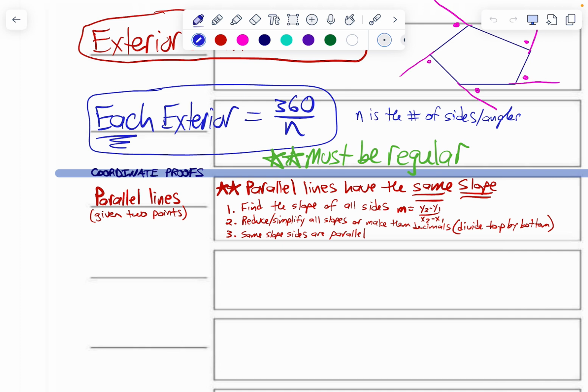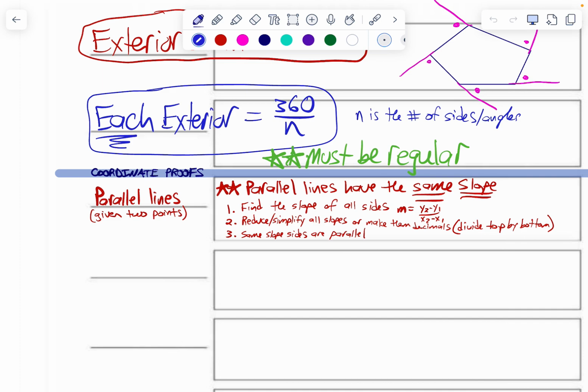Anyway, we learned yesterday that parallel lines have the same slope. And so, for proof's sake, we find the slope of all the sides, put the slope formula back in there, and then reduce, simplify, and then use that to compare to see if they're the same.